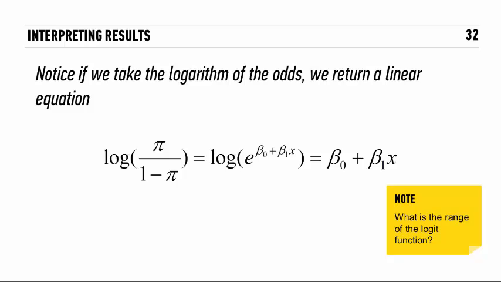Due to the complexity of the form of the function, the beta values are estimated using an iterative procedure. There are different iterative procedures that can be used to estimate these beta values. One of the more common ones that you'll hear of is Newton-Raphson, if that rings any bells for some of you.